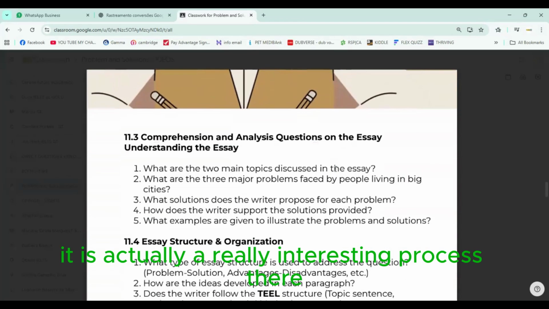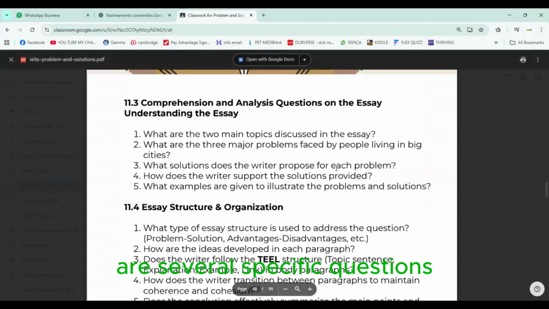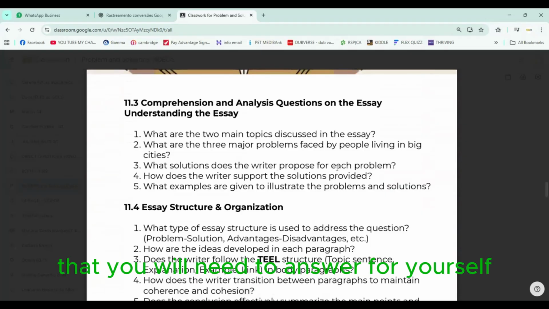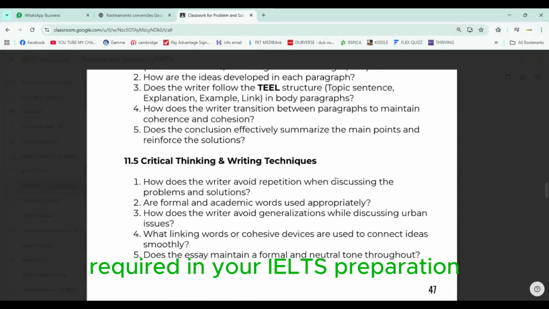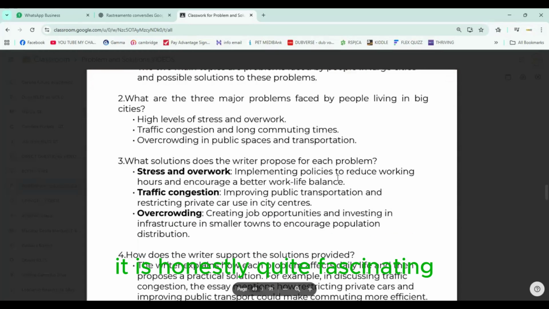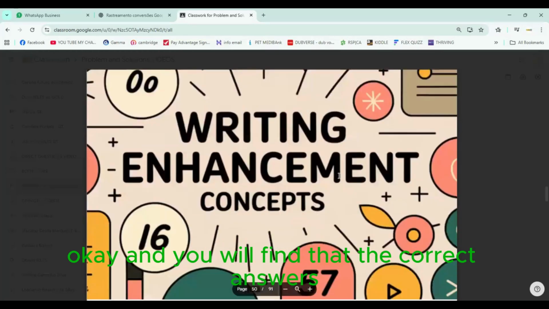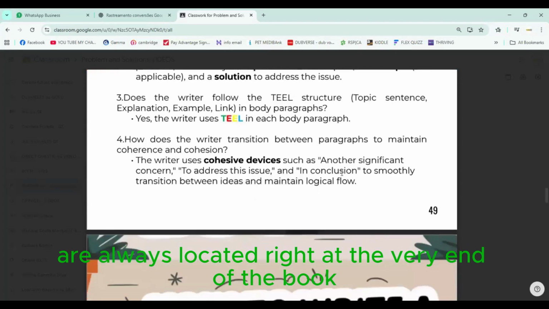It is actually a really interesting process. There are several specific questions that you will need to answer for yourself. You should see if you have thoroughly covered everything required in your IELTS preparation. It is honestly quite fascinating, okay? And you will find that the correct answers are always located right at the very end of the book.